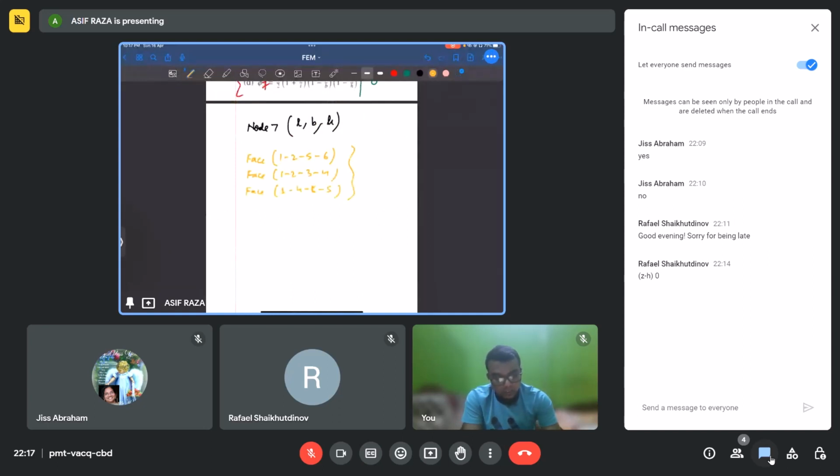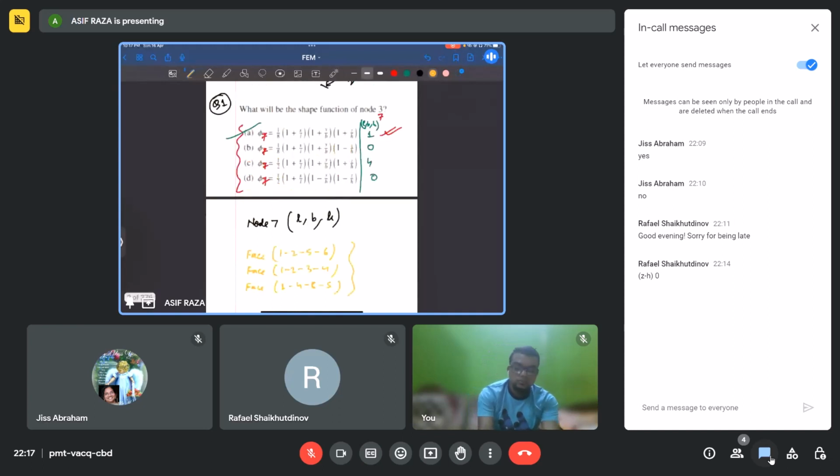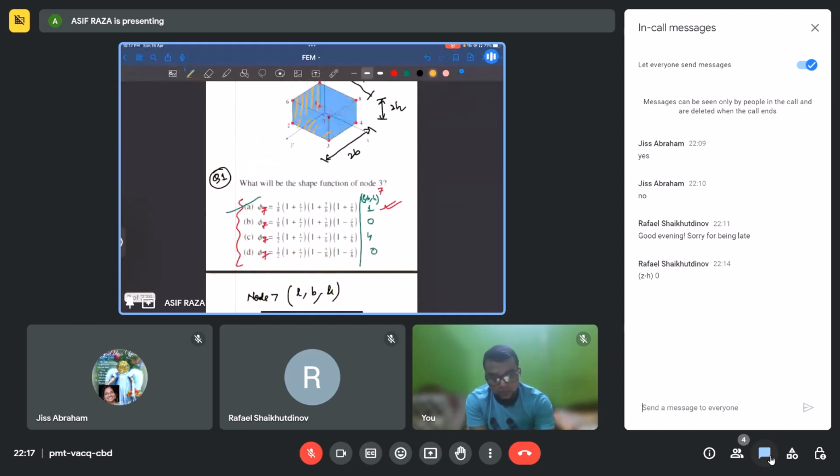Along these faces, the shape function of node 7 will give a value equal to 0, right?